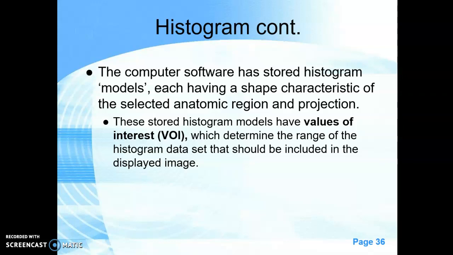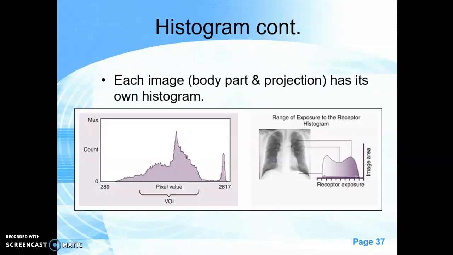The stored histogram models have values of interest, or abbreviated VOI, that determine the range of the histogram data that should be included in the displayed image. So for example, these values of interest are going to vary between doing a chest x-ray and an extremity, because what values we need to generate those images are going to differ.